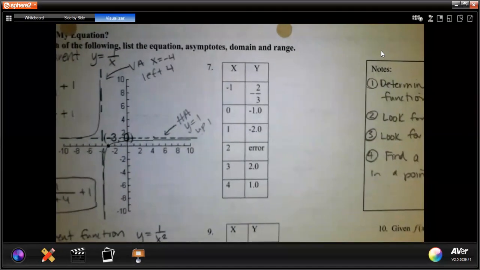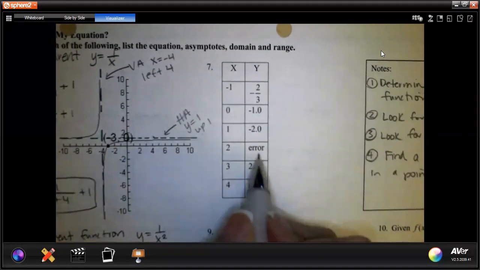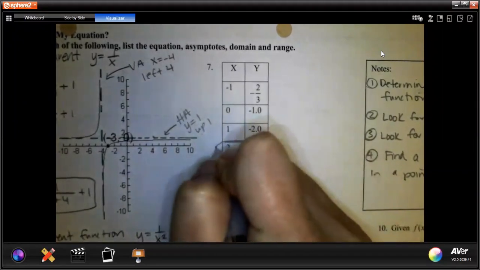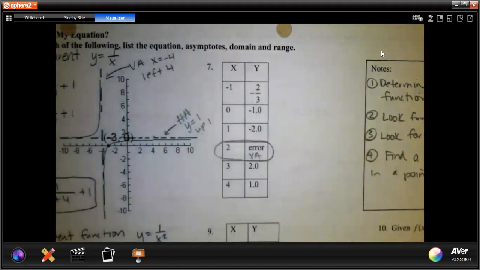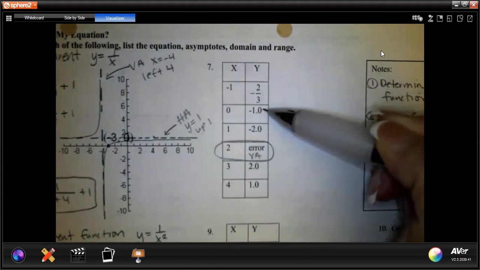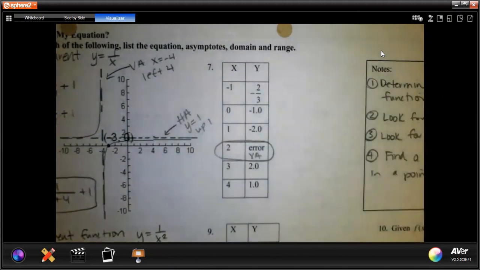So looking at this table here on number 7, we see the error, so we know that this is the vertical asymptote. To find the horizontal, you're looking at these values here. It goes -2/3, -1, -2. So you're looking for what it is getting closer and closer to.